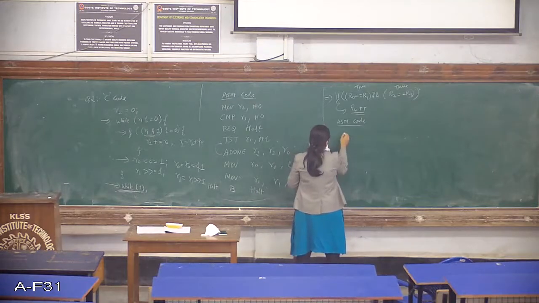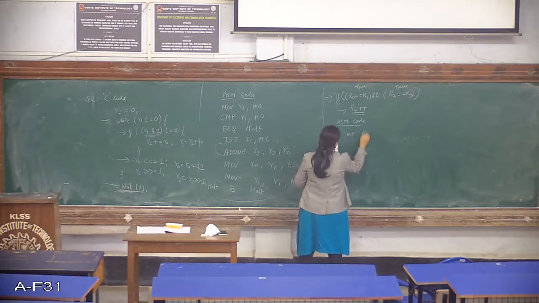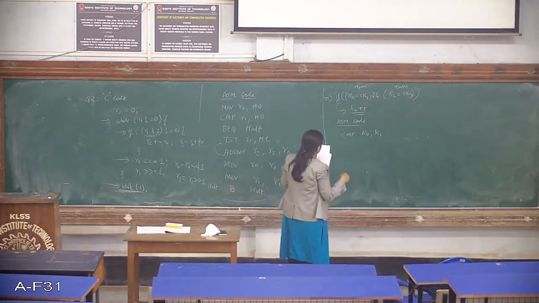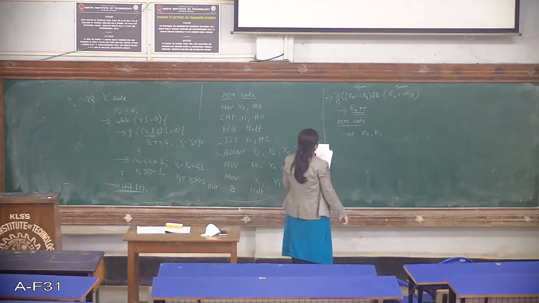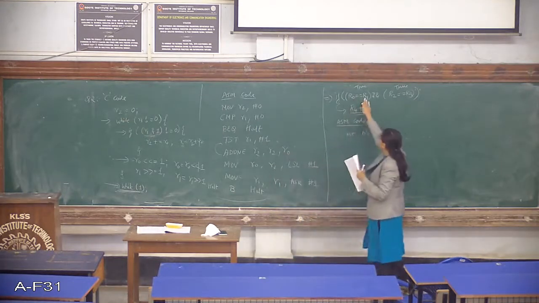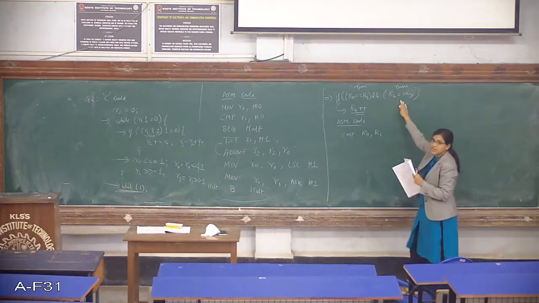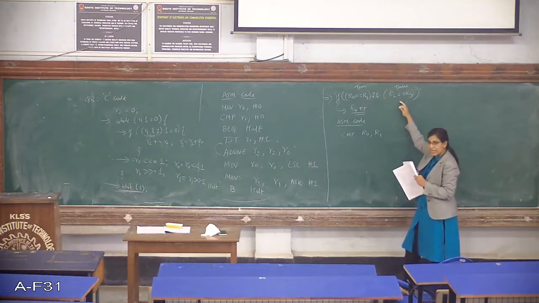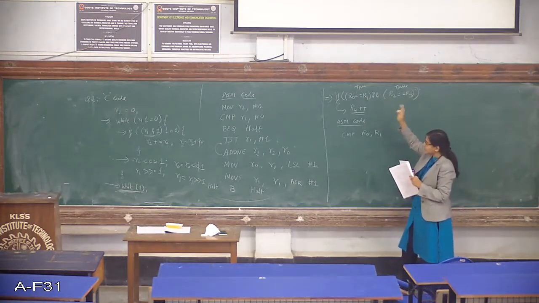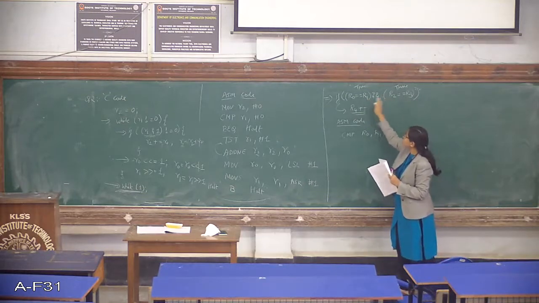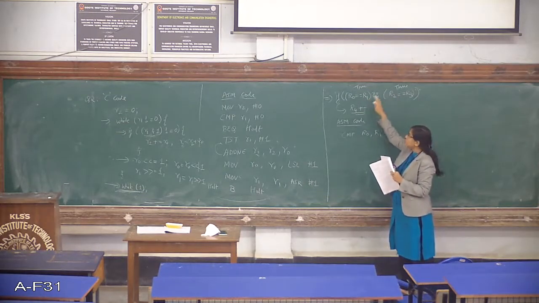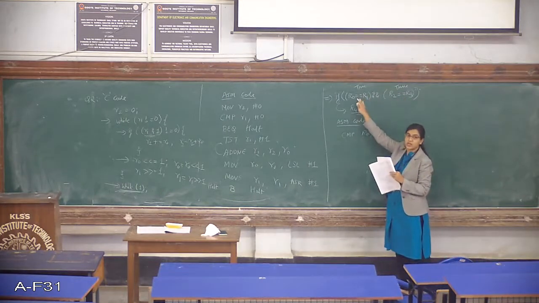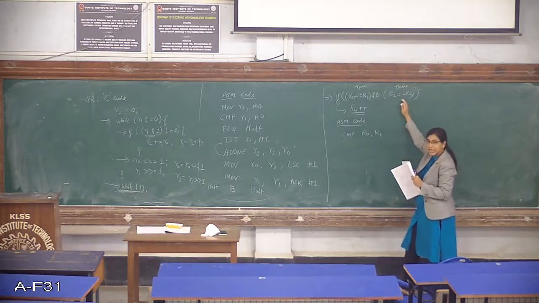So if this condition is true, then I'll be comparing the second condition. If the first condition itself is false, no need to compare the second condition. So the if statement is executed only when both the conditions are true. If the first condition is true, I'll go for the second comparison. If the first condition itself is false, I'll not go for the comparison of the second condition.